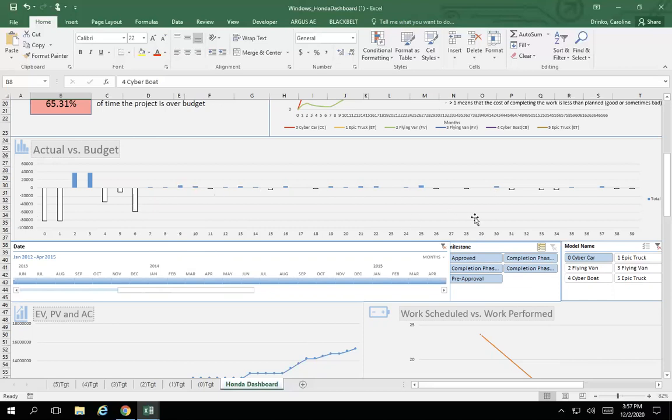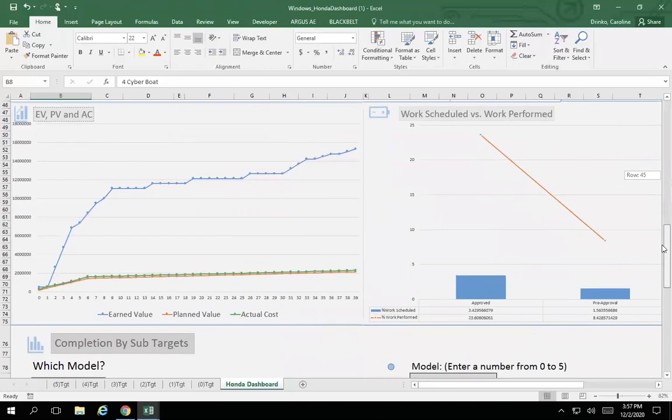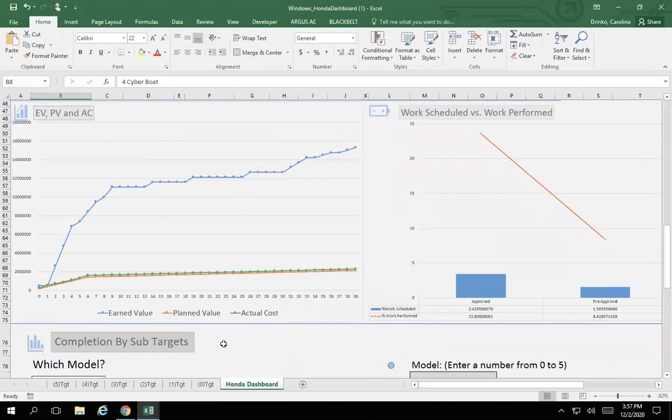Taking a look at the next graph, we are comparing earned value to planned value to actual cost. And in this one, we see that the earned value is above the planned value and actual cost, indicating good project health.